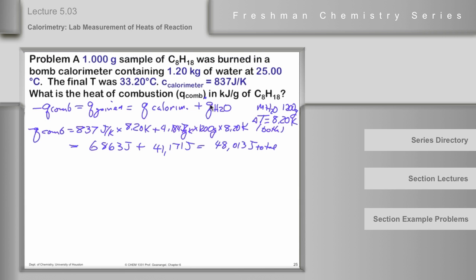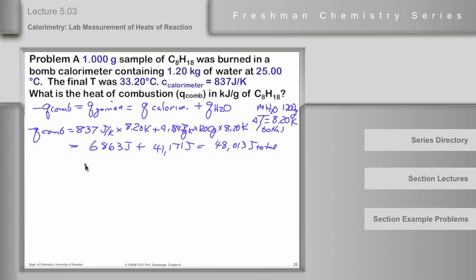Okay, so minus Q of combustion, get off the soapbox, Geanangel, is 48,013 joules. Now, the last thing we need to do is to convert it to kilojoules.